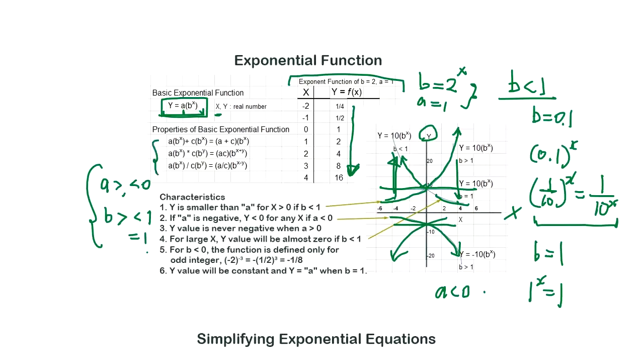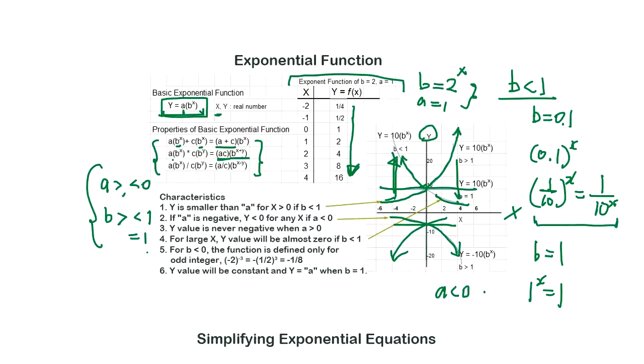Okay, now let's review some points. You learned these exponent operations. If b is the same, a b to the x plus c b to the x, the coefficients can be combined. a b to the x times c b to the y is going to be the coefficient multiplication, and b to the x plus y, right?